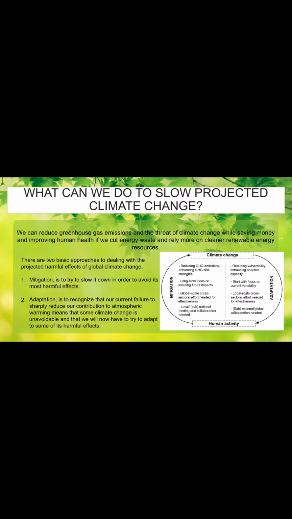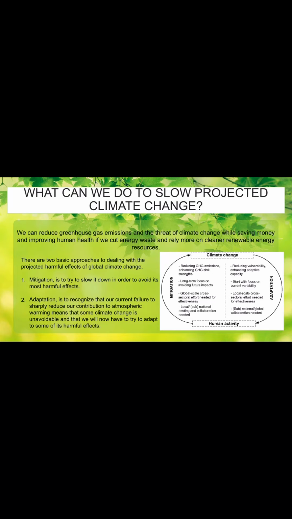So, what can we do to slow projected climate change? We can reduce greenhouse gas emissions and the threat of climate change while saving money and improving human health if we cut energy waste and rely more on cleaner renewable energy resources. There are two basic approaches to dealing with the projected harmful effects of global climate change. One is mitigation, which is to try to slow it down in order to avoid its most harmful effects.